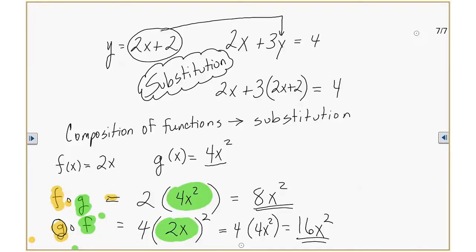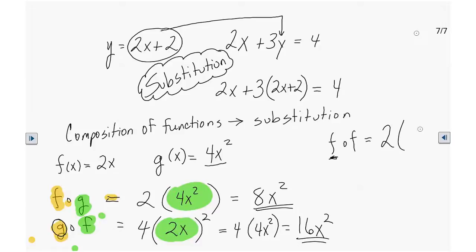All right, what about f composed of f? Try that. F composed of f. So I'm going to rewrite f with a big set of parentheses.